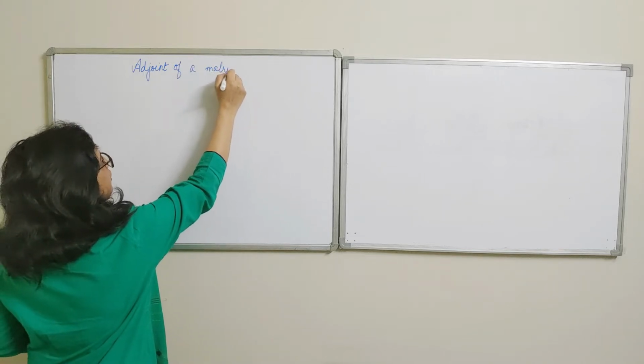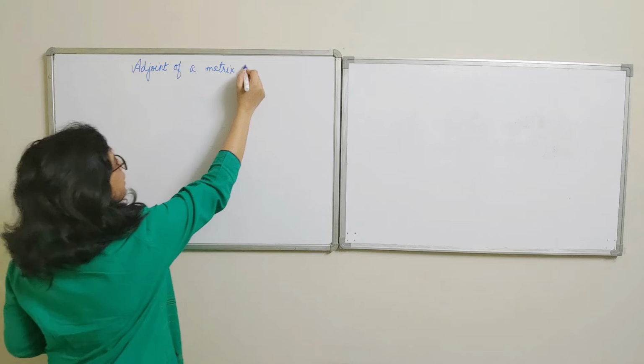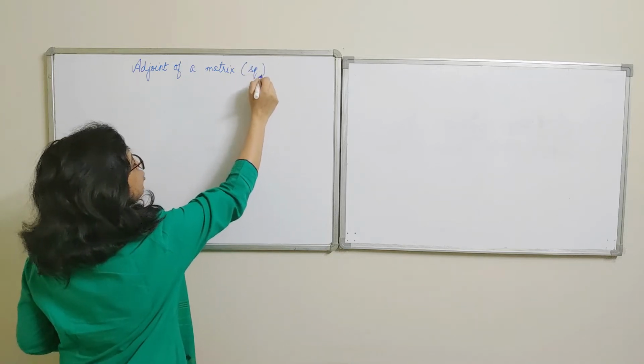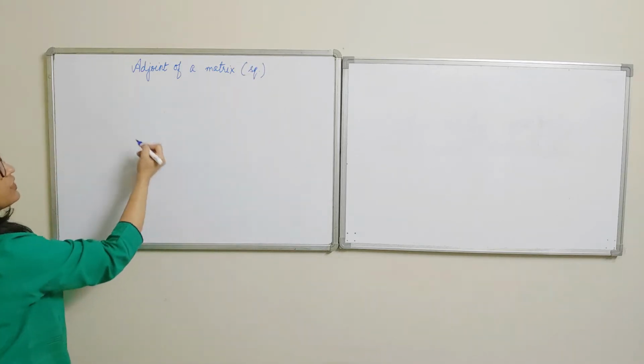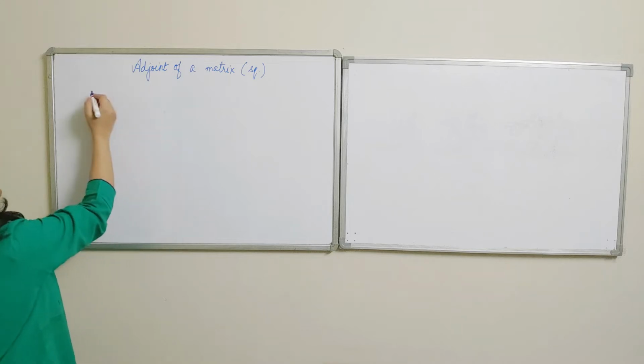So whenever we refer to adjoint of a matrix, we obviously mean adjoint of a square matrix. So what exactly is adjoint of a square matrix?